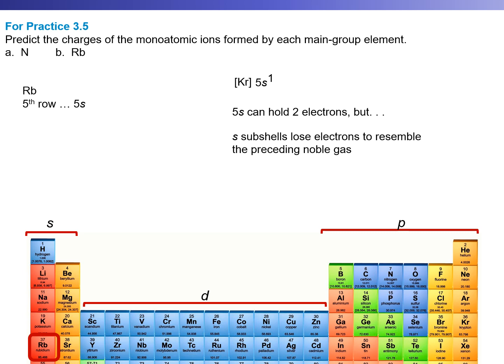So s subshells are going to lose electrons, and when they do that, they're going to ultimately resemble the preceding noble gas. And we all know that noble gases have full valence shells and create a very stable configuration for themselves. So when rubidium eliminates that 1 electron, it's going to form a positively charged ion, and its electron configuration is going to look identical to krypton, because it'll have 36 electrons, not 37, at that point.